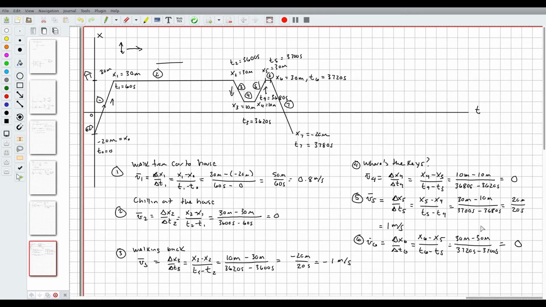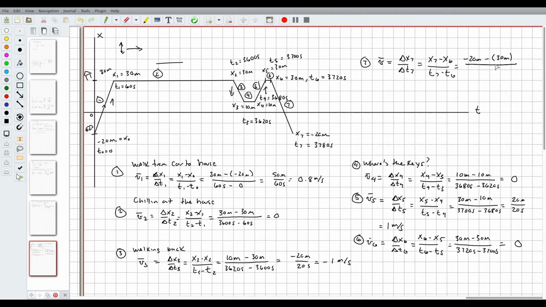Now I'm going to go up over here just to get a little bit of free working area and keep this all on the same page. And we're going to do part 7. For part 7, we want to find the average velocity of finally actually walking from the house to the car. That's going to be delta x7 over delta t7, x7 minus x6 divided by t7 minus t6. What's x7? That's where we end up: minus 20 meters, starting at the house at 30 meters.